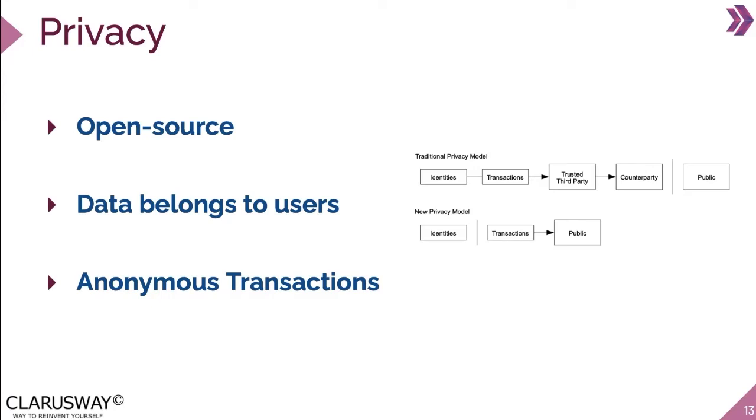And third, as introduced in Bitcoin, anonymous transactions are possible in Web3. We have this diagram to the right, which shows how anonymous transactions differ from the regular transactions we had using banks.